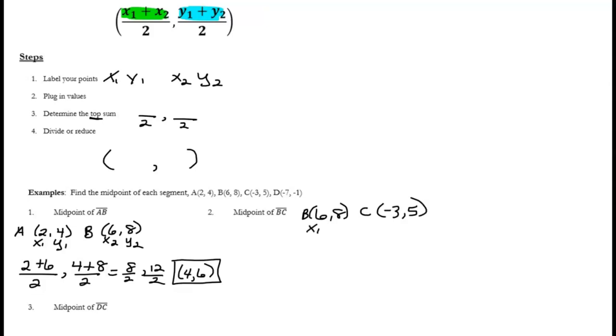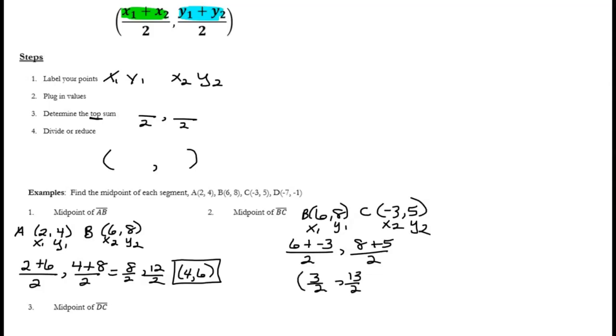Okay, so you should have had x1, y1, x2, y2. And so it would have been 6 plus -3 over 2, and 8 plus 5 over 2. Well, 6 plus -3 is 3 over 2, and 8 plus 5 is 13 over 2.